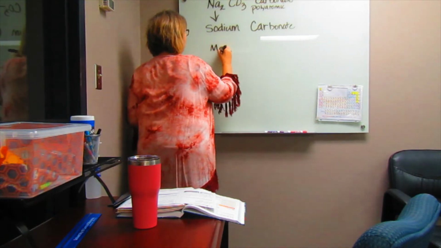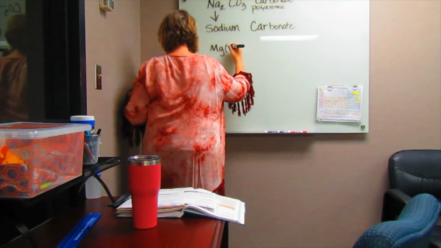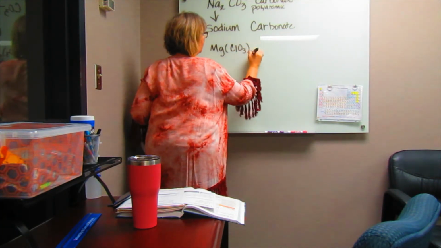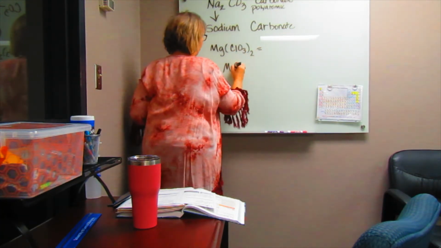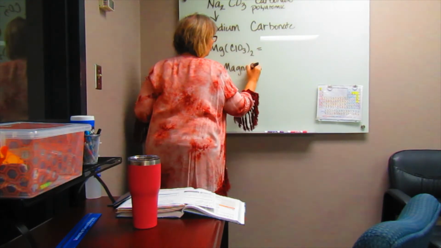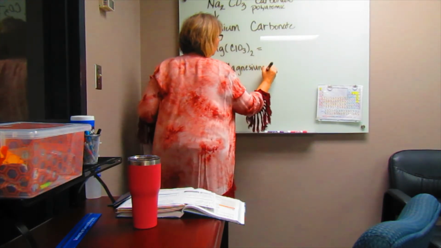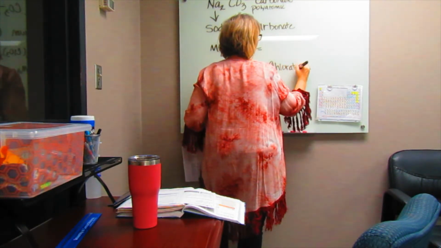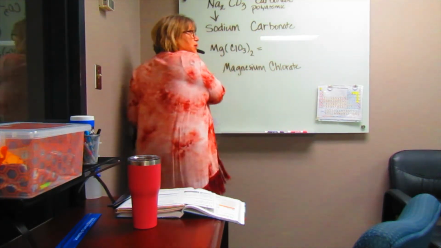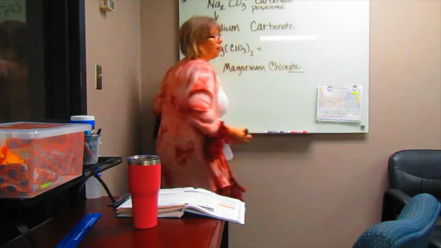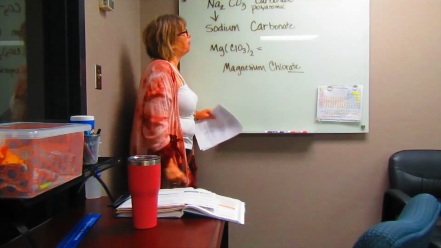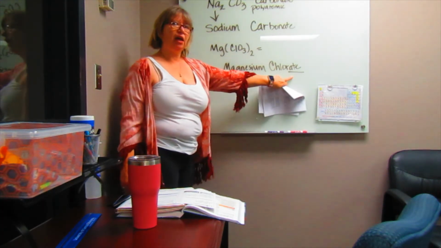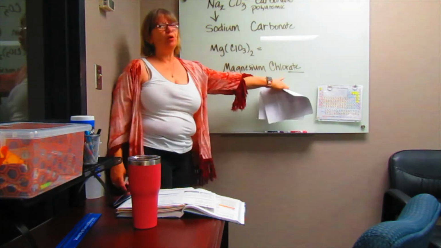We'll look at another polyatomic combination. So we have magnesium and chlorate, ClO3, 2. So this is magnesium chlorate. Once again, this does not become IDE because it is a polyatomic ion, so it stays ATE, chlorate, magnesium chlorate.